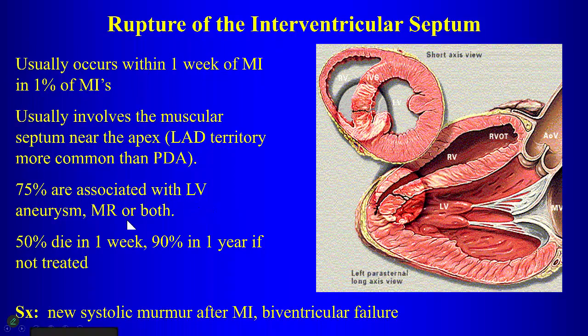So 50% can die within 1 week, 90% in 1 year if these are not treated. So a new systolic murmur after a myocardial infarction, biventricular failure after myocardial infarction, all of these can be indications that you might have a rupture of the interventricular septum.